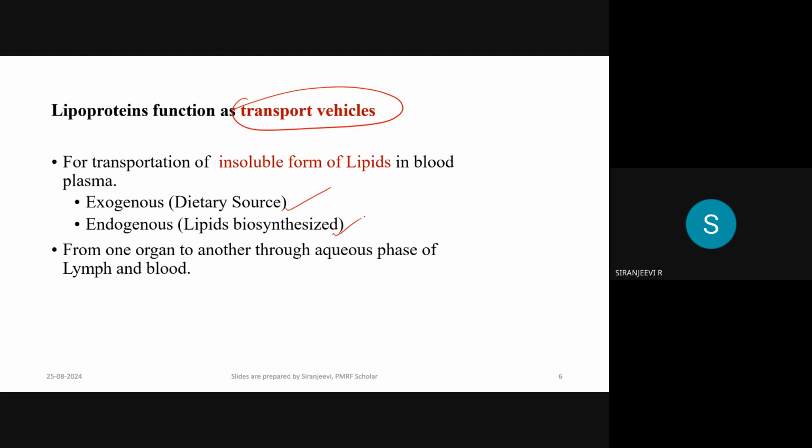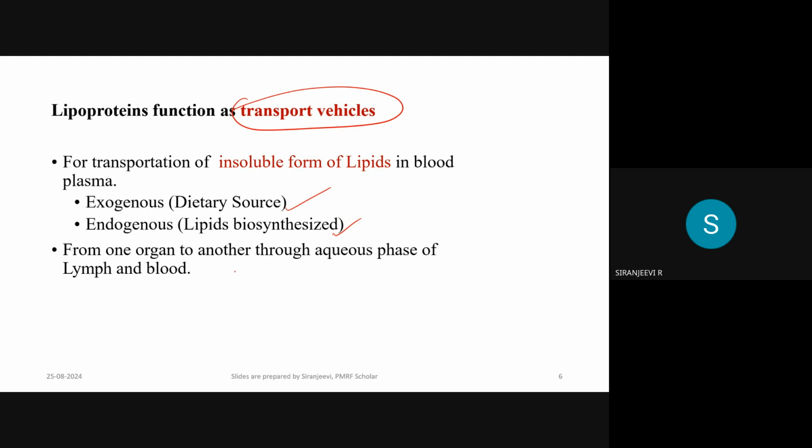Exogenous means the day-to-day dietary sources, from lipids or oil items, or any kind of non-veg, which also contain cholesterol. Transport from one organ to another is also done by lipoproteins.